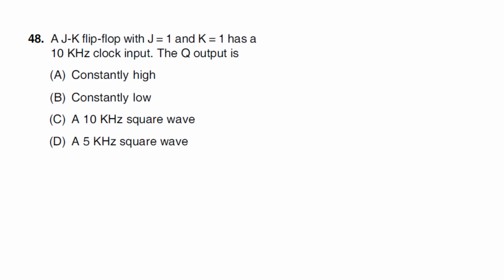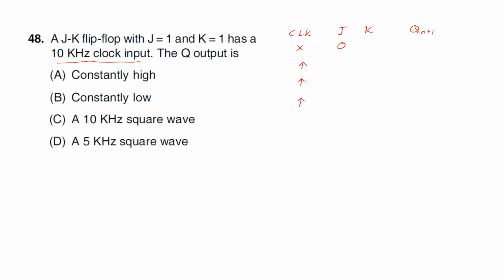A JK flip-flop with J is equal to 1 and K is equal to 1 has a 10 kilohertz clock input. The Q output is, so the truth table for JK flip-flop is: clock, then J, K, value Qn plus 1, initial state, then clock pulses.